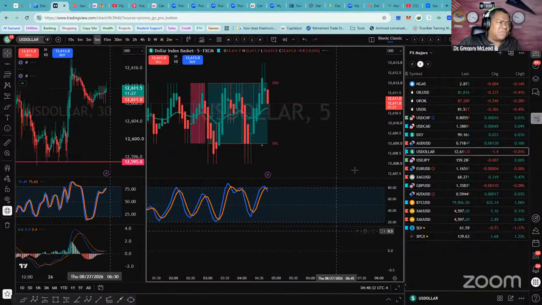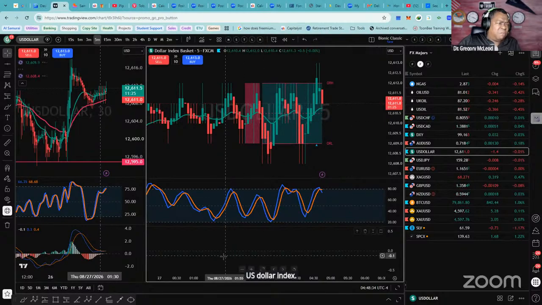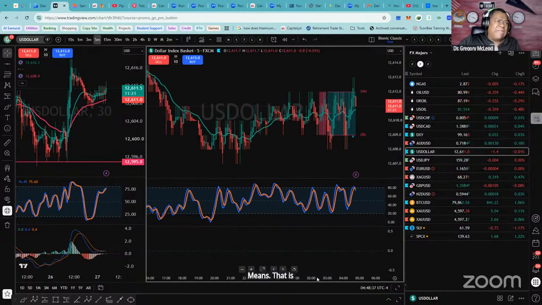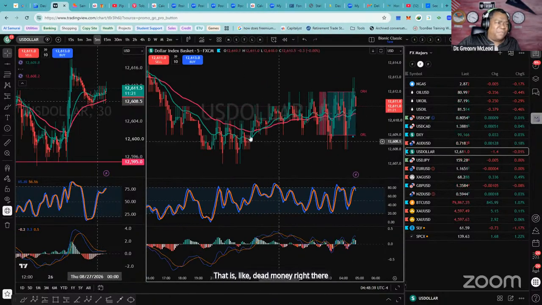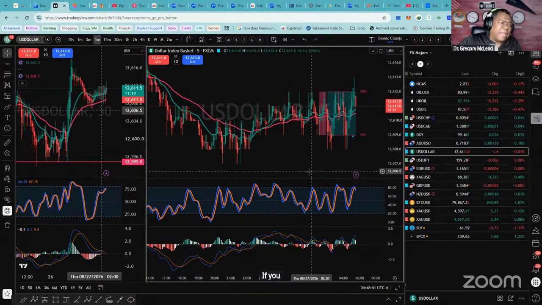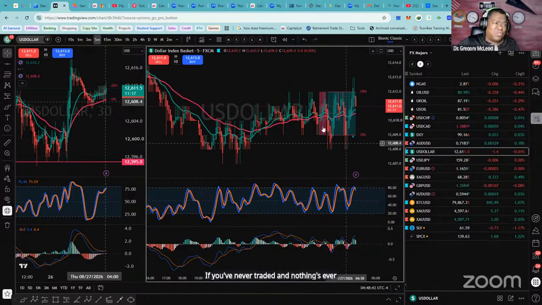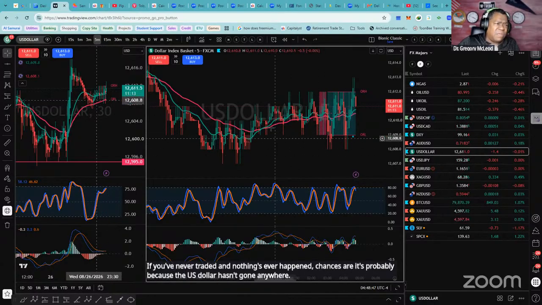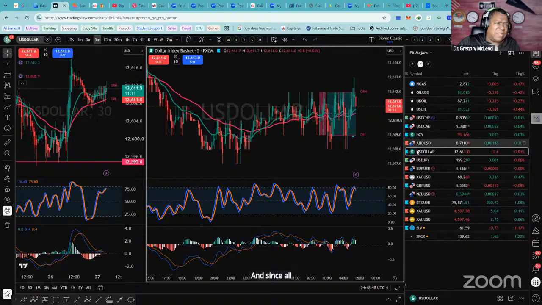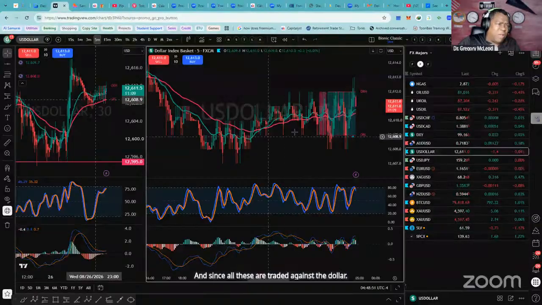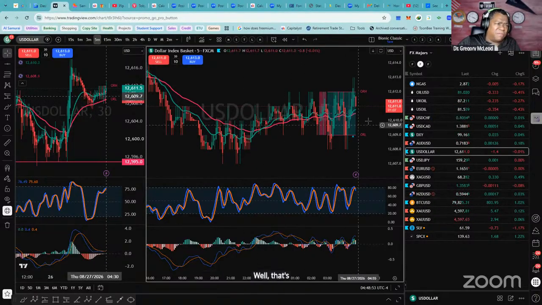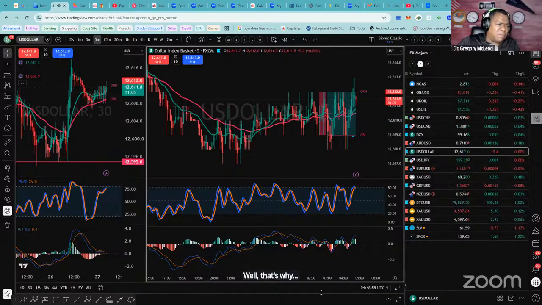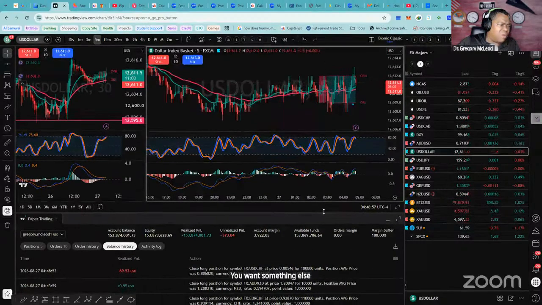U.S. dollar index means that is like dead money right there. If you never traded and nothing's ever happened, chances are it's probably because the US dollar hasn't gone anywhere. And since all these are traded against the dollar, well, that's why.